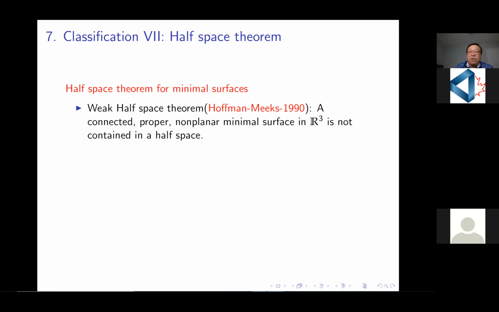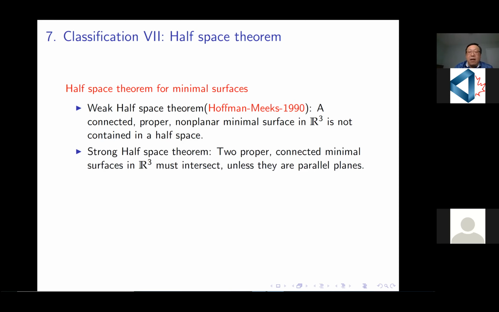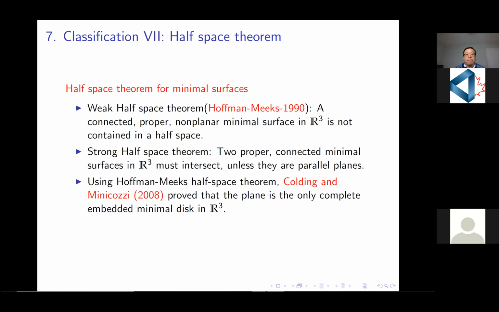This is the weak half-space theorem. The strong half-space theorem says if I have two minimal surfaces, one above the other, then they must be parallel planes. So if you have two minimal surfaces and they are not planar, then they must intersect.